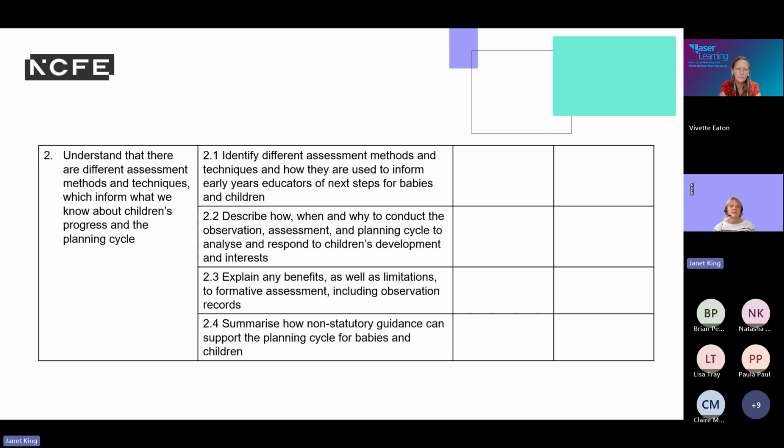Explain any benefits as well as limitations to formative assessment, including observation records. If you do have students having a go with some of these different observation methods, then you can think about when they might be useful, how they might be useful, especially in relation to 2.2 as well, but remembering that connection is so important between child development and what you're doing.